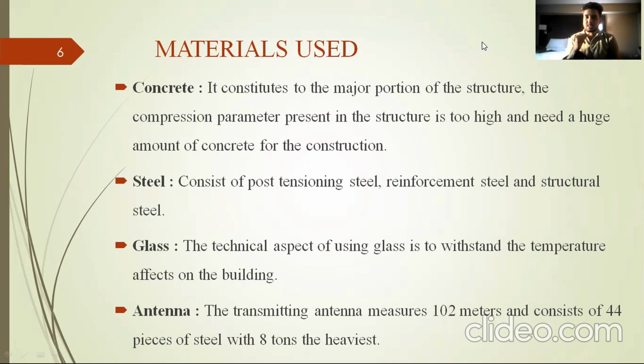The last one is the antenna. The CN Tower was constructed by the Canadian National Company, which is a railway company. This antenna is held upon the CN Tower and was mainly used to update the telecommunication system of the Canadian railway system.